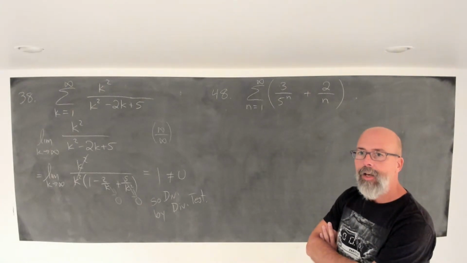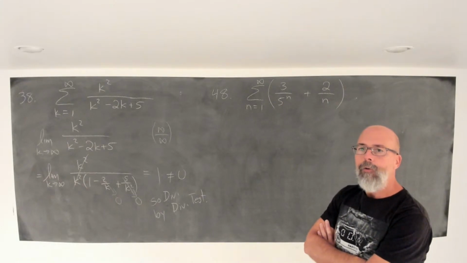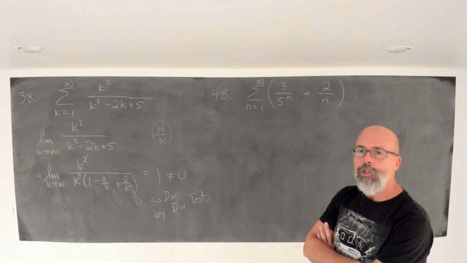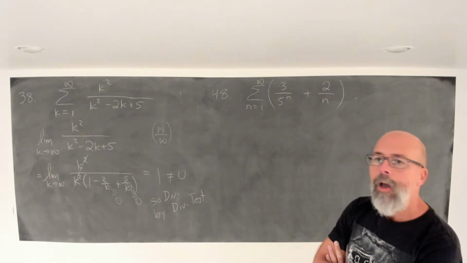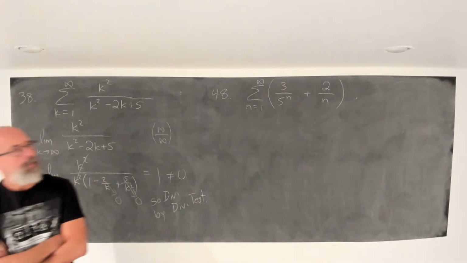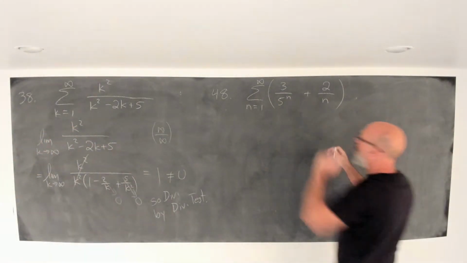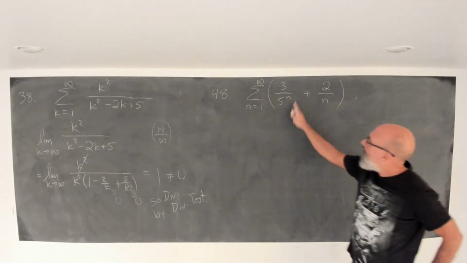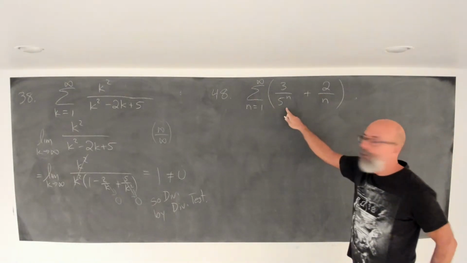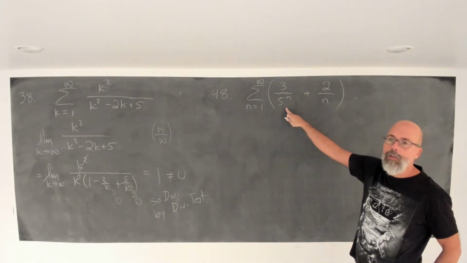Somebody's suggesting that we can split this series into 2, and the 2 over n diverges, so the whole series diverges. And that's actually true, but are we convinced? Here's the thing. This part is a convergent geometric series.